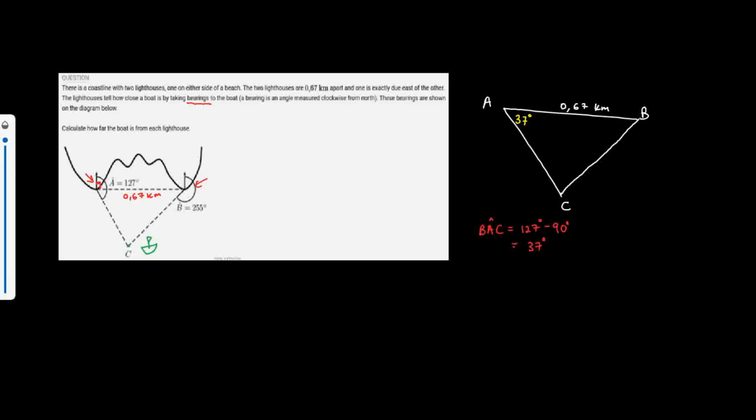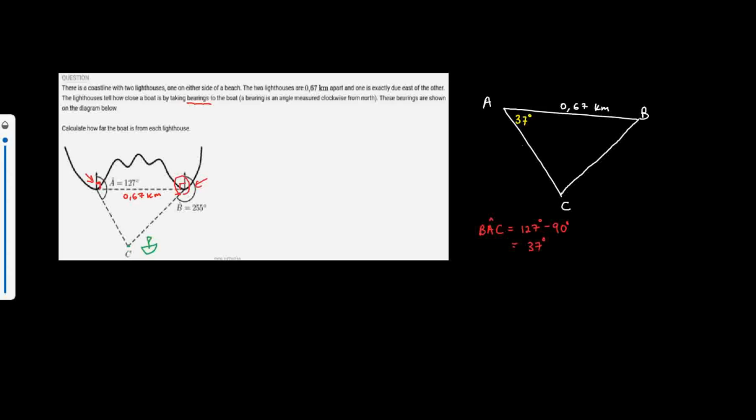Let's now look for angle B. Again, this is 90 degrees. So what is this entire angle equal to? This entire angle is 255 degrees plus 90 degrees. So how do we get this remaining amount? What's an angle around a point? Angle in a revolution? 360 degrees.